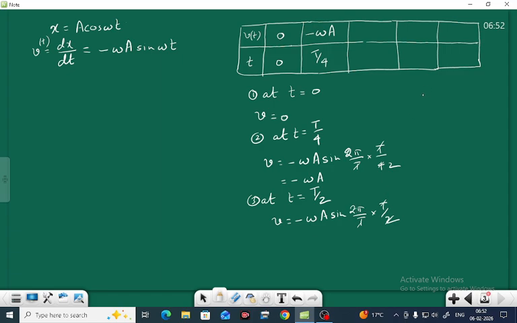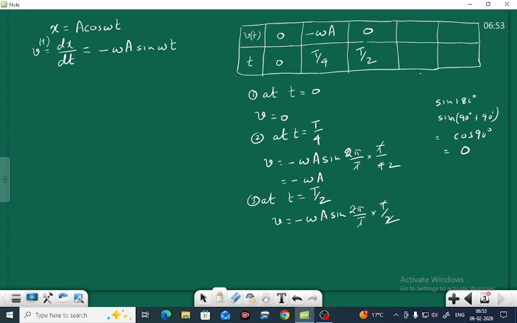What is the value of sine 180 degree? You can write sine of 90 plus 90 degrees, it will be cos 90, and cos 90 is 0. So at this point, that is T by 2, the value is 0.